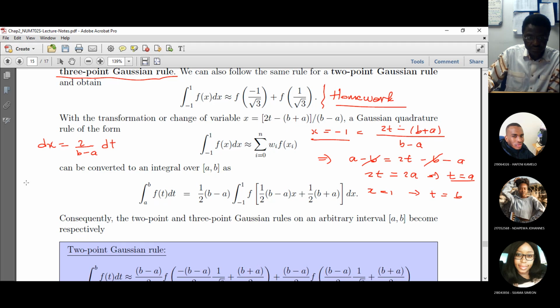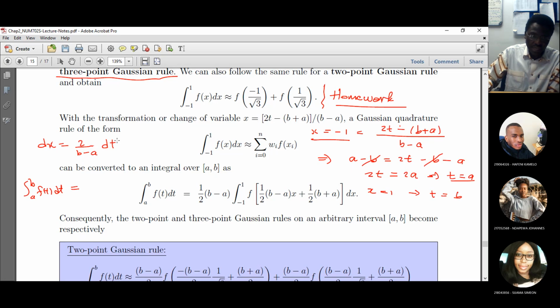So if you write the integral from a to b of f(t) dt, right?